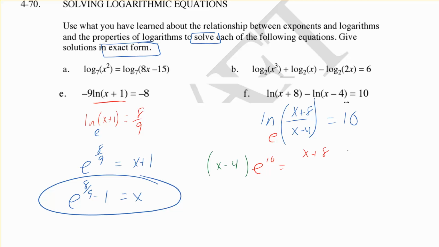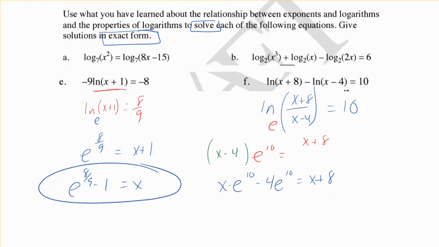And then, got a little math going on here. This is going to be a fun exact value one. X times e to the 10th minus 4e to the 10th equals x plus 8. Let's get all the x's on one side.